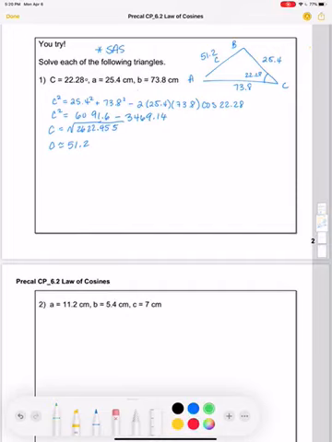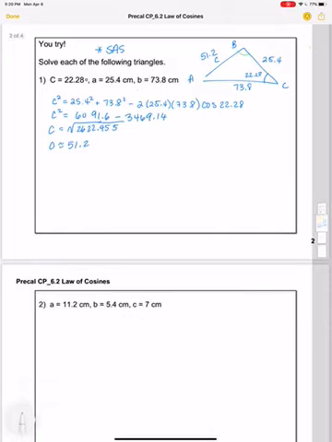So I have this side. I can find angle B now using the law of sines. So sine of B over 73.8 equals sine of 22.28 over 51.2. So using what I just found, you multiply both sides by 73.8.